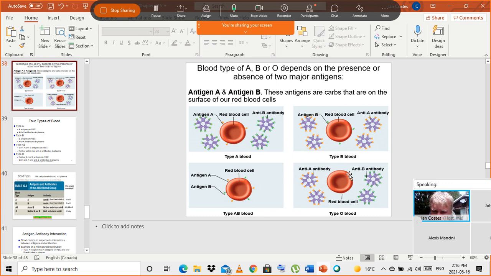Only this is going to be going to the patient. And if I put RBCs with no antigens on them into here, it's going to be perfectly fine. So O can go to anybody. It's the universal donor.